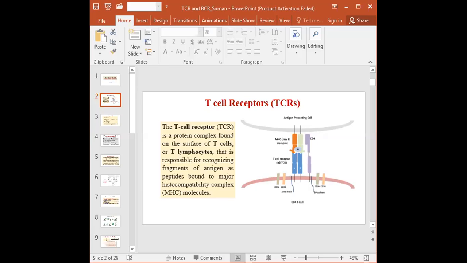Several studies also describe TCRs binding to metabolic intermediates bound to the MHC-like molecule MR1. So TCRs have been described as the most integrated receptor structures of the mammalian immune system.